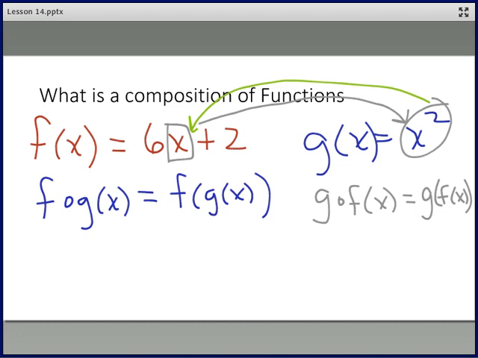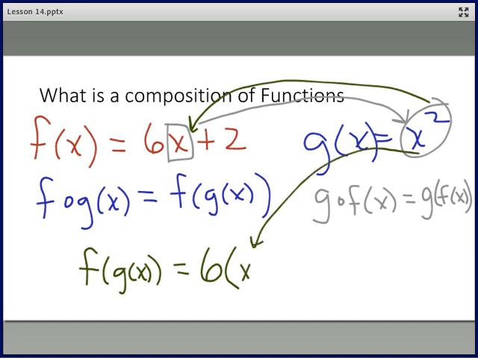So in this example, if I were to do f of g of x, what I'm going to do is everywhere I see x, I'm going to take this and put it in, and then you simplify.